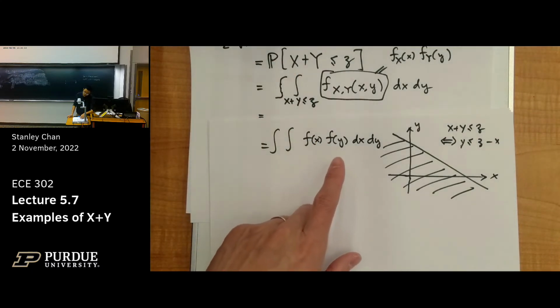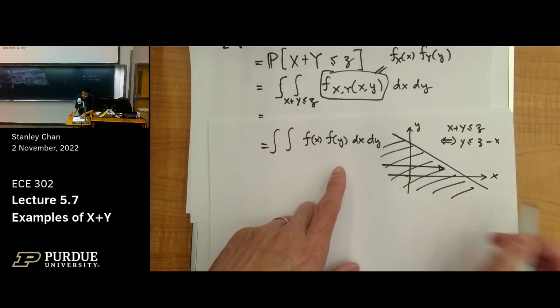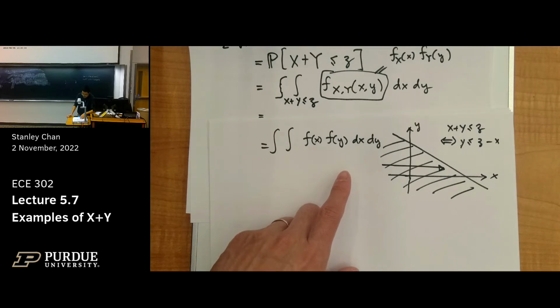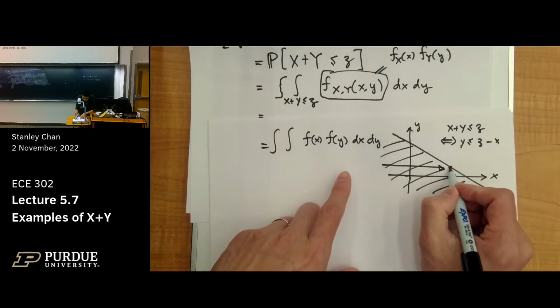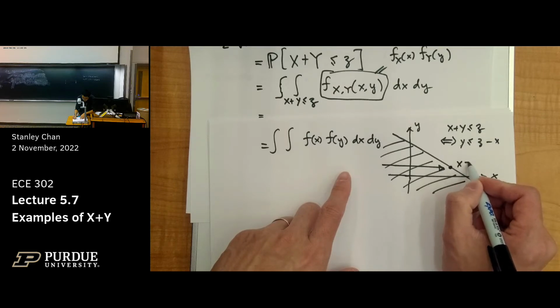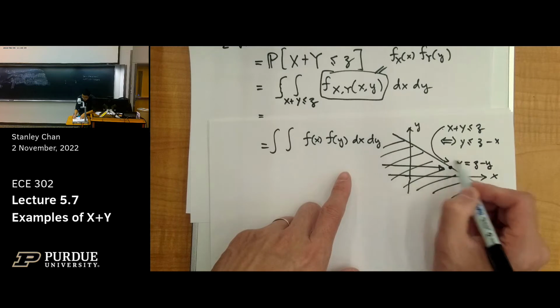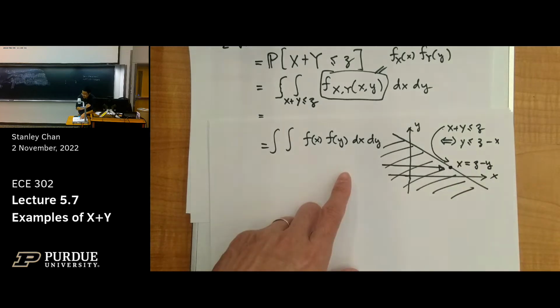If we want to do dx, then you want to go horizontally. Clearly, this endpoint will be x equals z minus y, coming from this formula. So the endpoint will be z minus y. How about the lower limit?